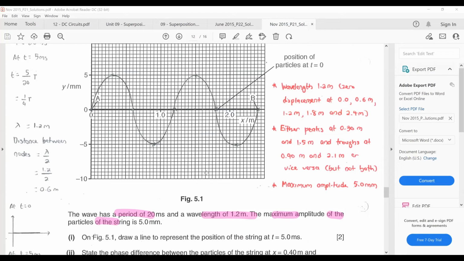So when you have drawn your graph just now, where you need to have a wavelength of 1.2 meter and a maximum amplitude at antinode of 5 millimeter, the question is asking you to find out the phase difference between particles at 0.4 meter and 0.8 meter.